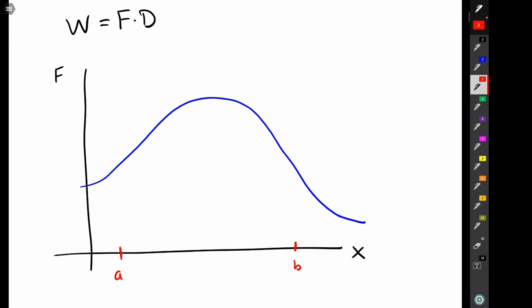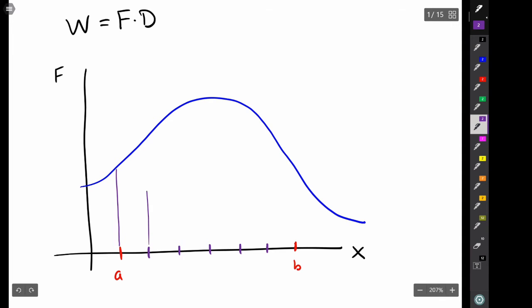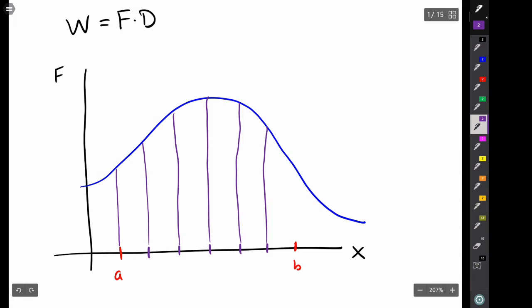Well, what we can do is say, all right, this force is variable, but I'm going to approximate it, right? So let's cut up the distance traveled into little segments, okay? And then on each of these segments here, I'm going to draw a line up to the force function.